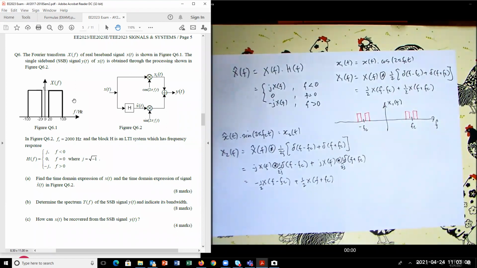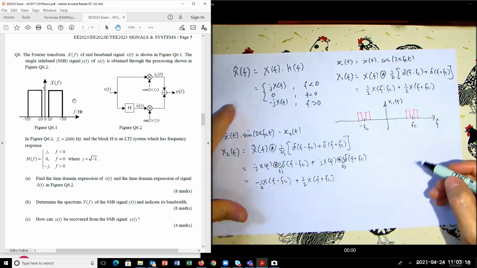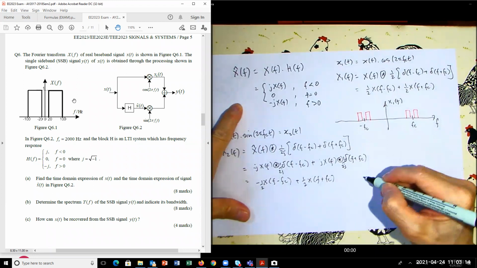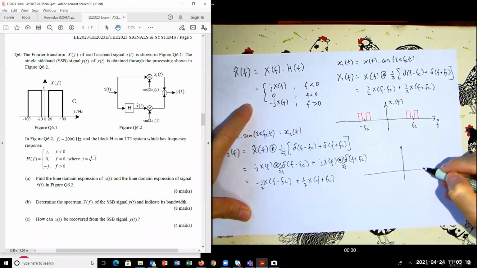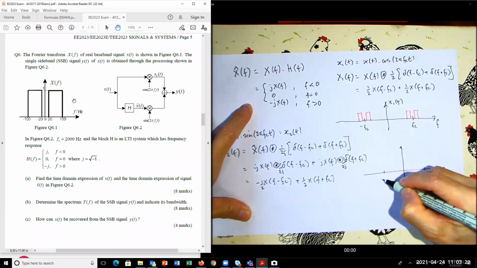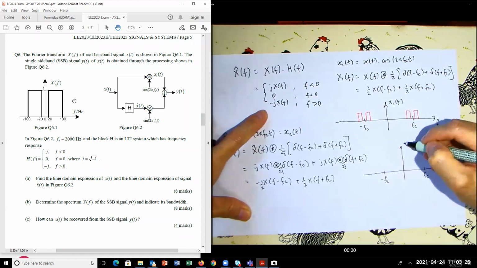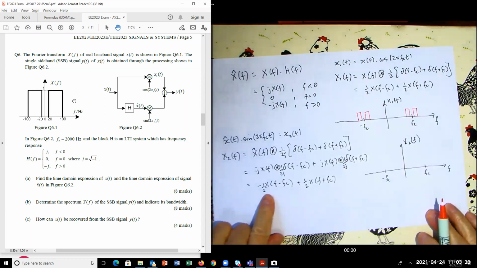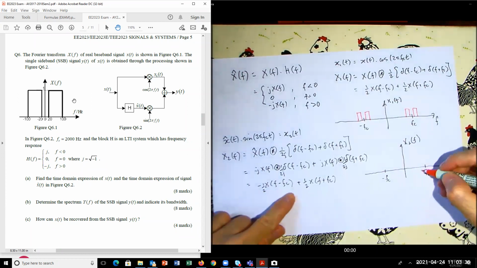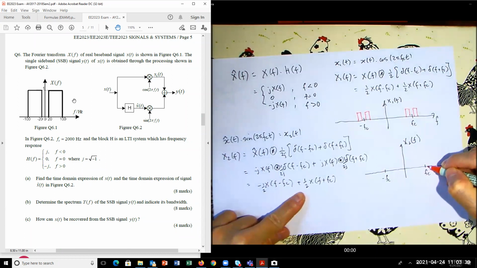Let's draw X2. Same thing. Let me draw it here, at fc and minus fc, this is f. I'm drawing X2 now. He says here that for X2 this is inverted, so I have this here, I hope I get it right, and for plus it will be here.